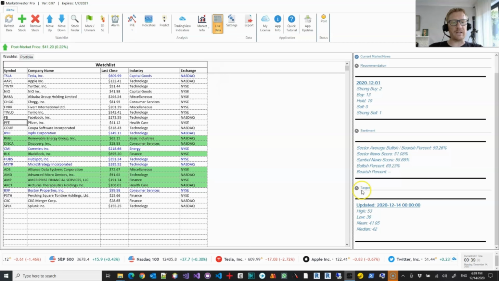The target that is calculated here comes from some online data from various sources that I compile, and this again just gives you an indicator. They say the high is 53, we're currently at 41, a low at 36, and a mean at 41.95. We're currently at 41.12, and then a median value at 42. So that gives you an indication of where people's heads are at.